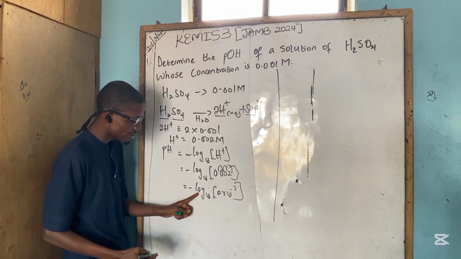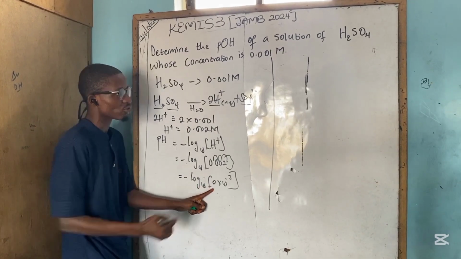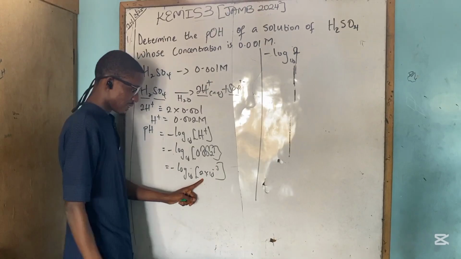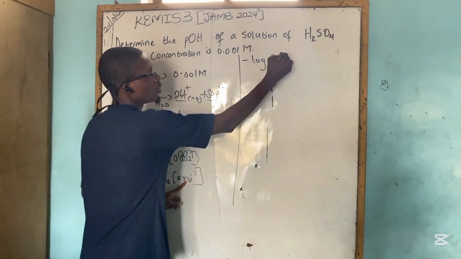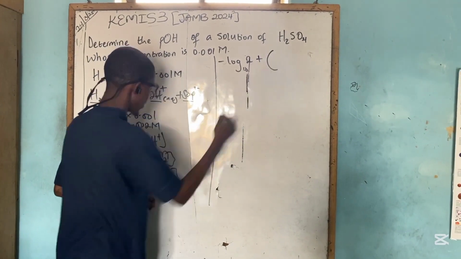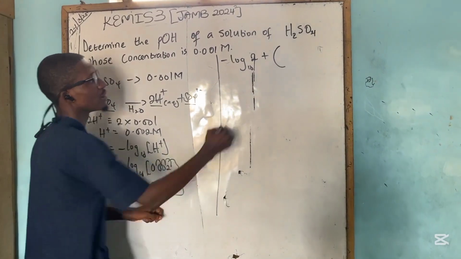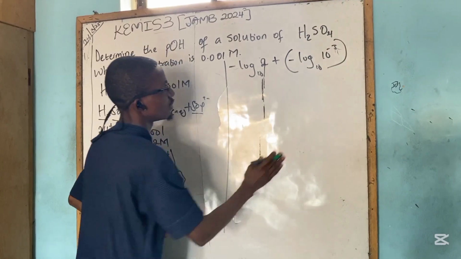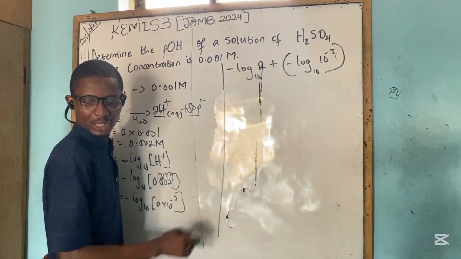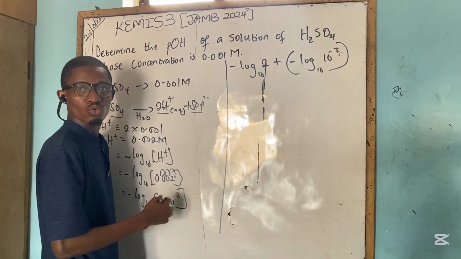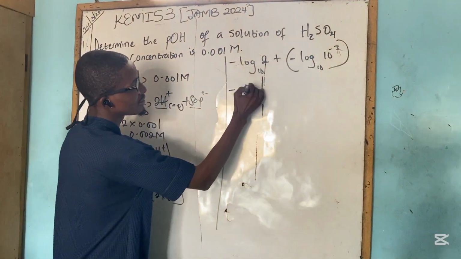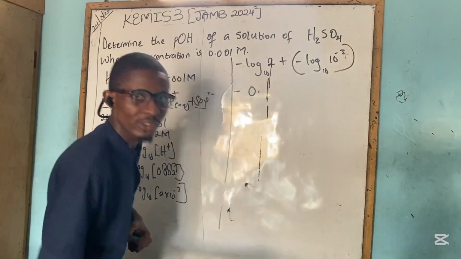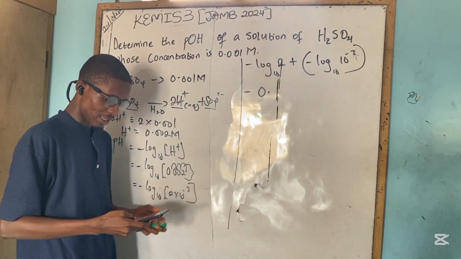Negative logarithm to base 10 of 2 times 10 to the power of minus 3. We have minus log to base 10 of 2. Now this multiplication sign we turn to addition, then open bracket, minus log to base 10 of 10 to the power of minus 3. So from this place, log 2 is giving us something. Let me confirm log 2 using my phone so that we can get an accurate answer.